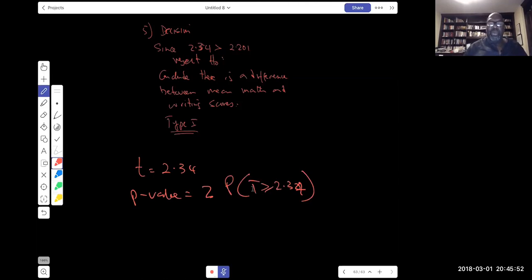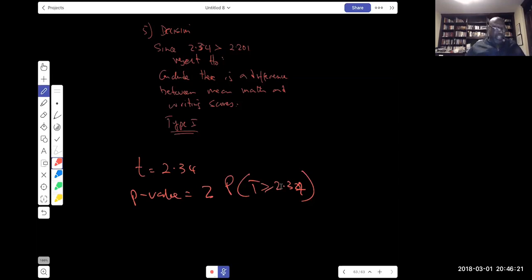So what we have to now do is to try to see if we could find 2.34 in the table. Under the 11 degrees of freedom, when the area in the tail was 0.025, the t-value was 2.201, which is what we use in the problem. But to get 2.34, we have to keep going to the right, which means that we will land somewhere between 0.025 and 0.01.